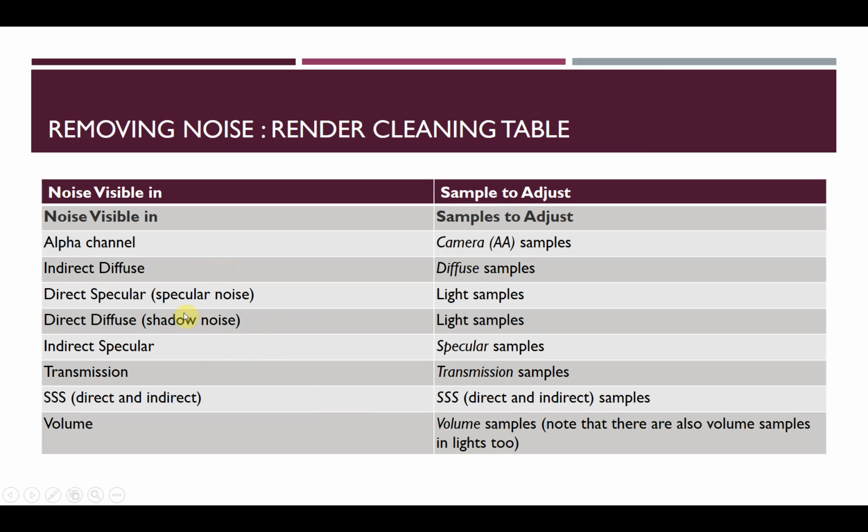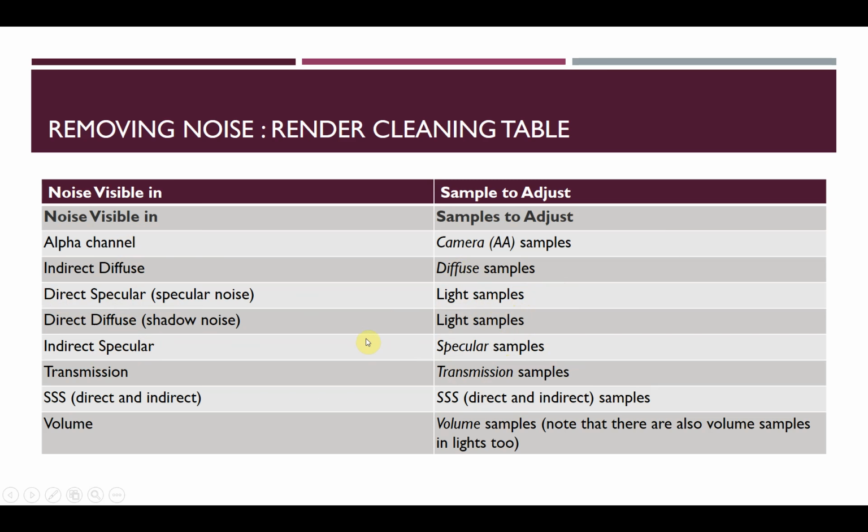The key thing is, when you've got noise in your direct specular and your direct diffuse, that tends to indicate noise in your light samples. When you've got it in your indirect, then that's going to be your diffuse and specular samples that you want to have a look at.